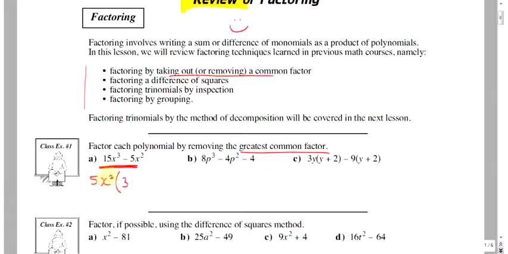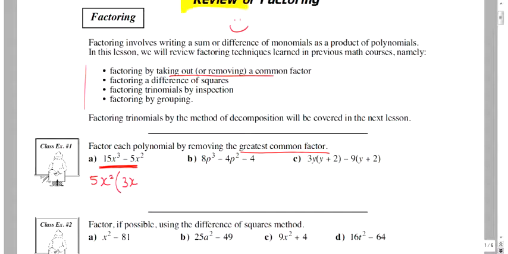What do you multiply this by to get that? Or what is x cubed divided by x squared? x. Stop right there. Check it. Is this the same as that? If it's not, do not continue. Fix it. 5x squared times 3x. Is that 15x cubed? We're all okay?